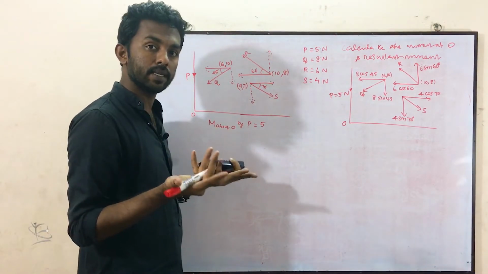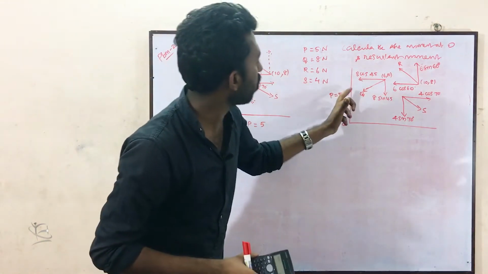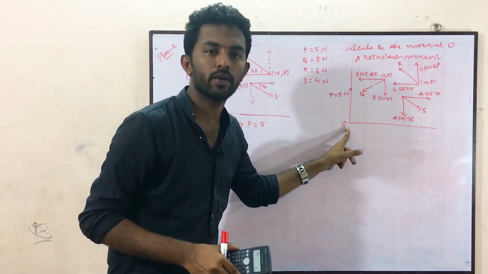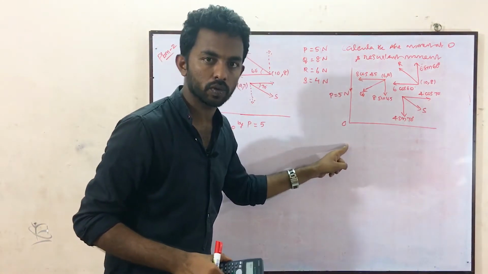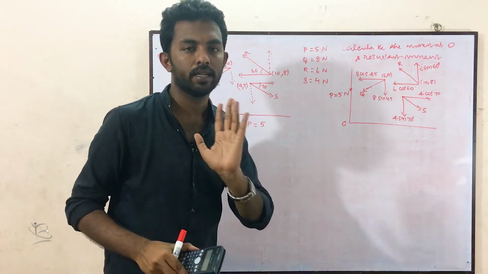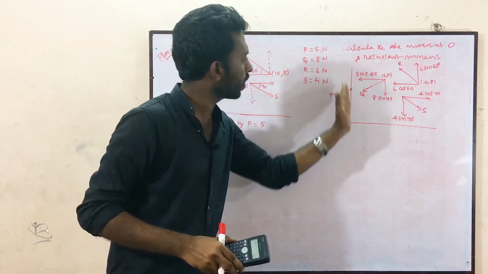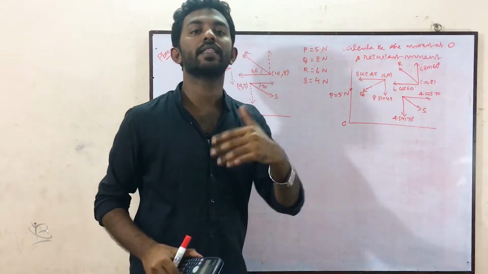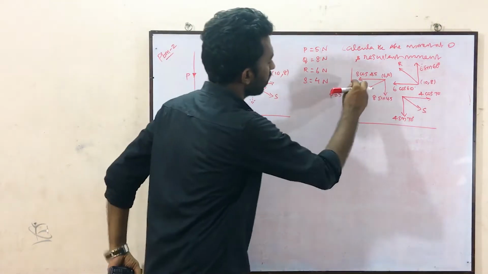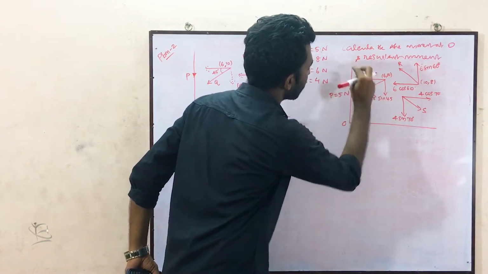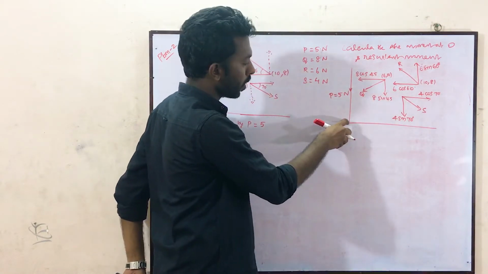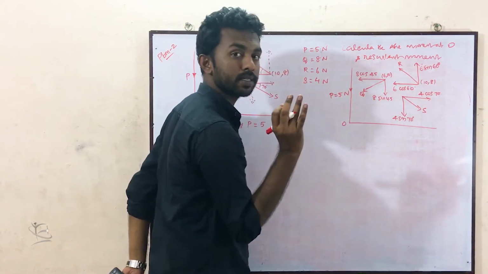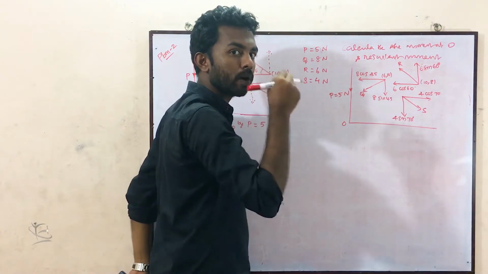What is the distance? This force P is passing through the point O. This is the vertical force, so we have to take the horizontal distance. Already I told that for a vertical force you have to take the horizontal distance, and for a horizontal force you have to take the vertical distance. Here this force is a vertical force passing through the point O. What is the horizontal distance? 0, because it is passing through.